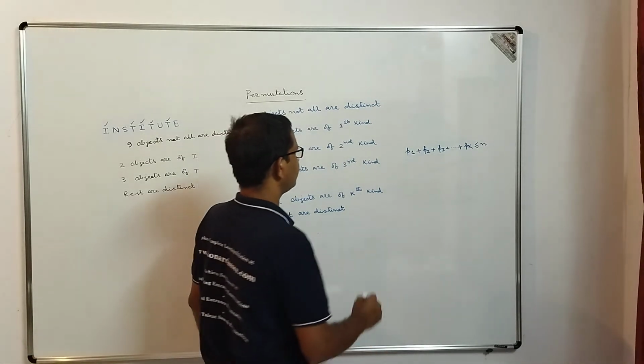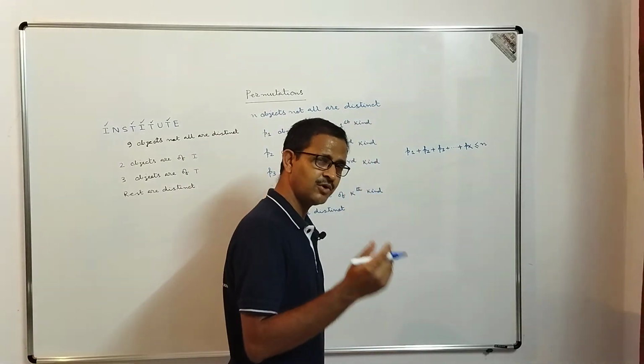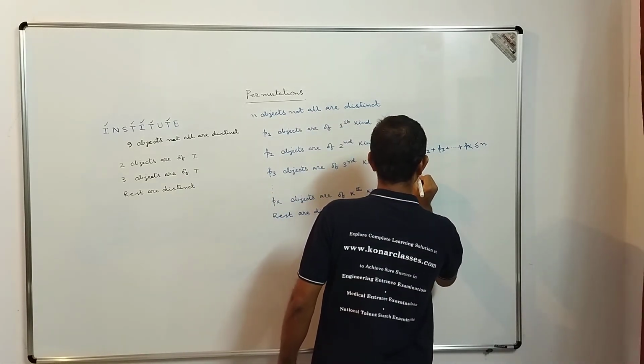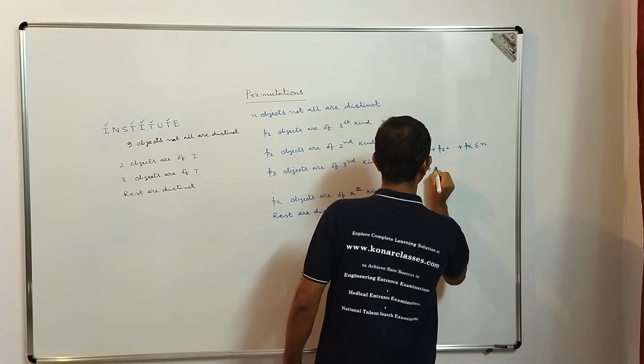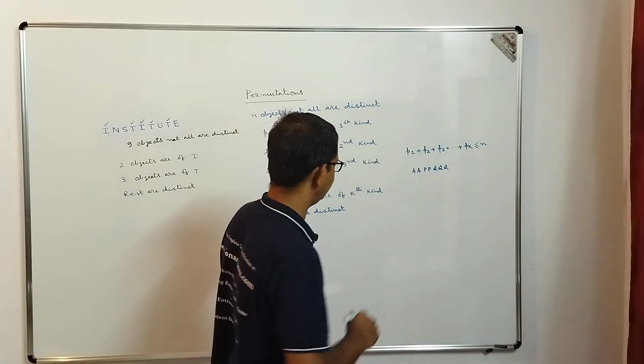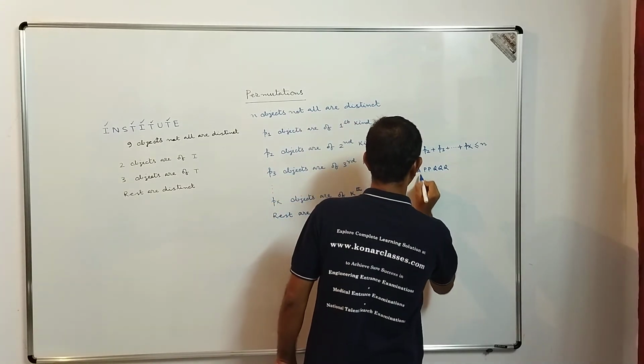For example, hypothetically, let's take a word like AA, PP, QQQ.